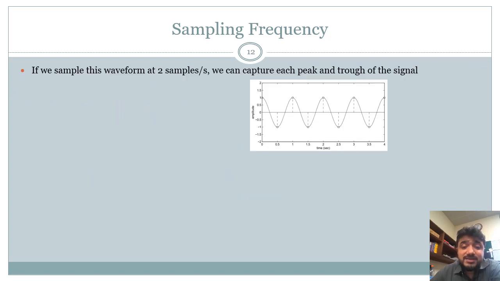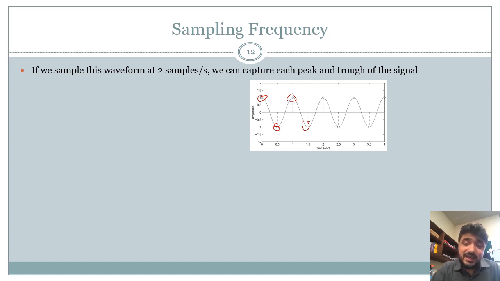So if we sample this waveform at 2 samples per second, we're going to get, for example, a sample here and a sample here, and then for the next second a sample here and a sample here. That means we're getting all the highs and all the lows, so at least this frequency can be accurately represented.